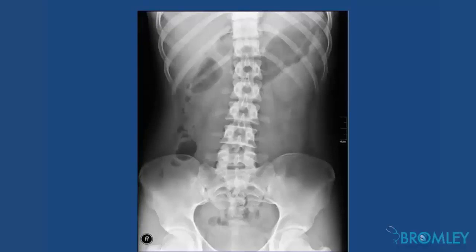Beyond that, we can occasionally see calcification. Obviously, about 90% of kidney stones are visible on X-ray. Very few gallstones are. Few of them are calcified, but very few. Occasionally, we can see the pancreas when it's calcified. And the other main use of abdominal X-rays is looking for obstruction.